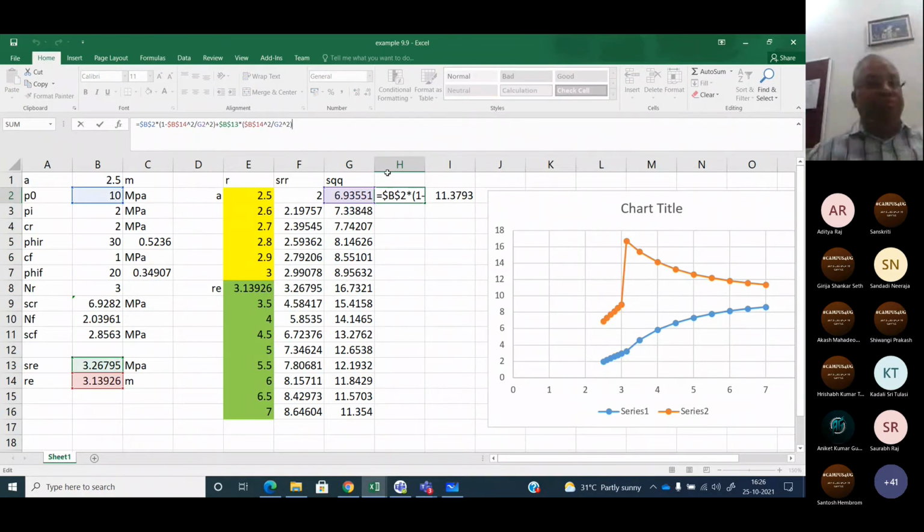See, if I would have considered elasticity all the way, then RE would have been A, and this would have been PI. Okay.